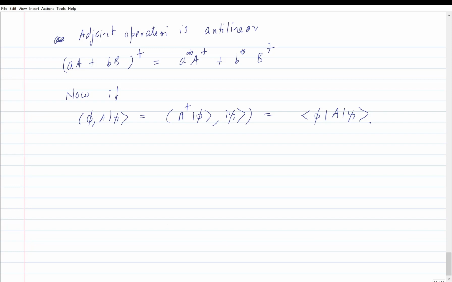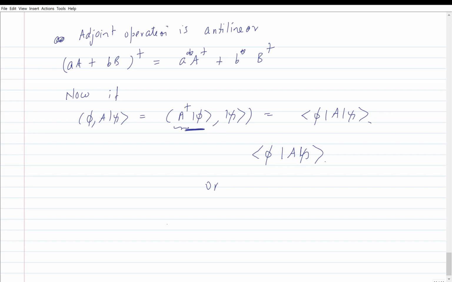So in other words, I can apply A to psi and then take the inner product, or I can call it an A dagger acting on the first element and then take the inner product.